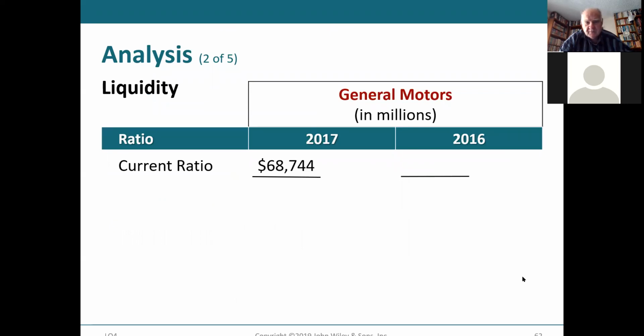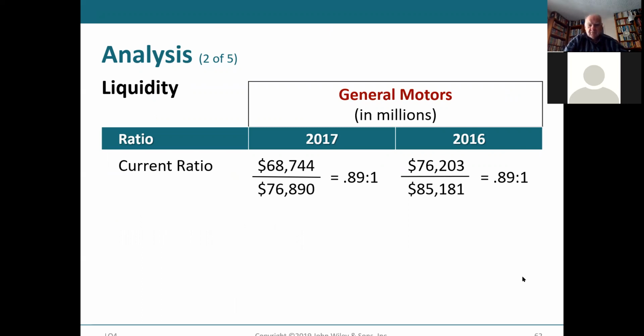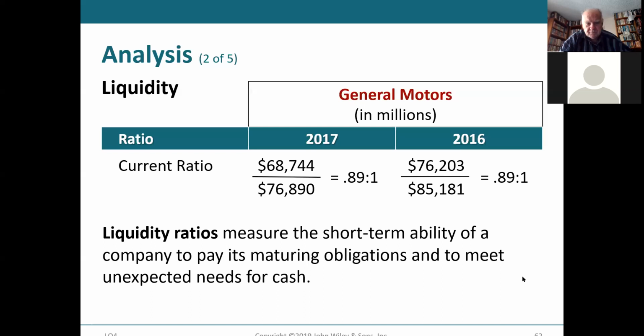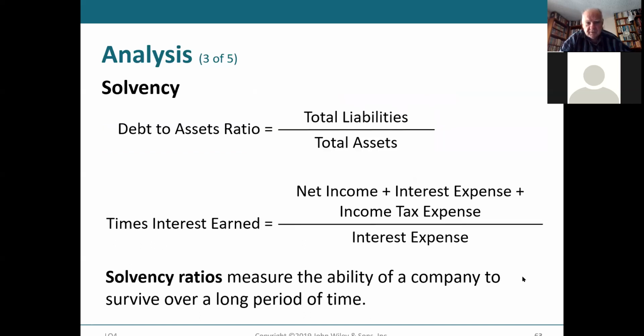Liquidity. We've been over the current ratio, haven't we, Derek? Yeah, we've been over the current ratio. Current assets divided by current liabilities equals your current ratio. It's a measurement of liquidity.